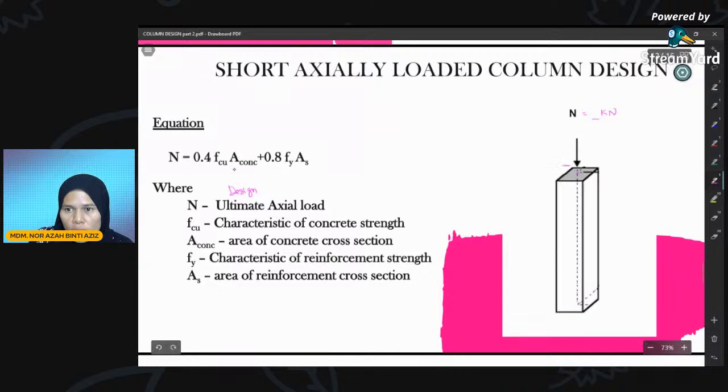How to determine the area of concrete? Let's say the size of our square column is 200 times 200.